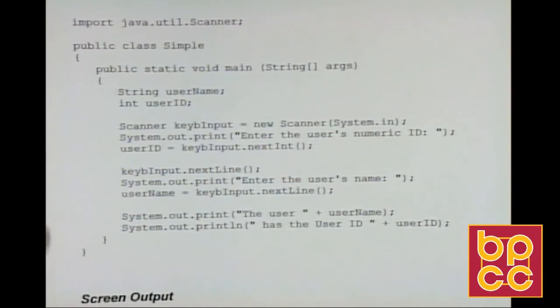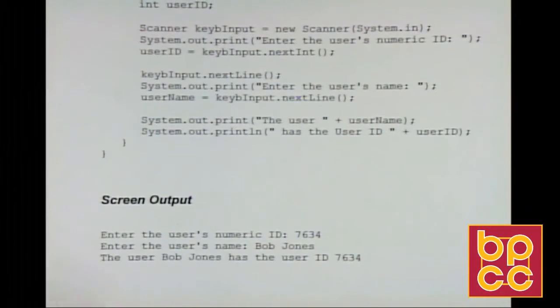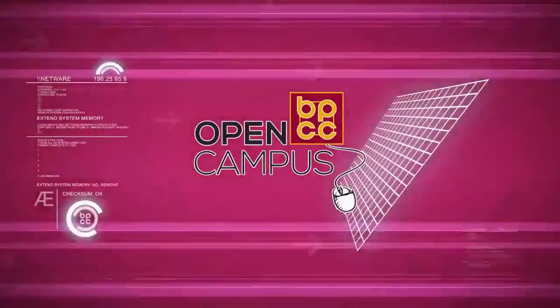And then I display the output. And then here's the sample output right here where enter the user's numeric ID, type it in, the username, and then Bob Jones has the user ID of 76.34.